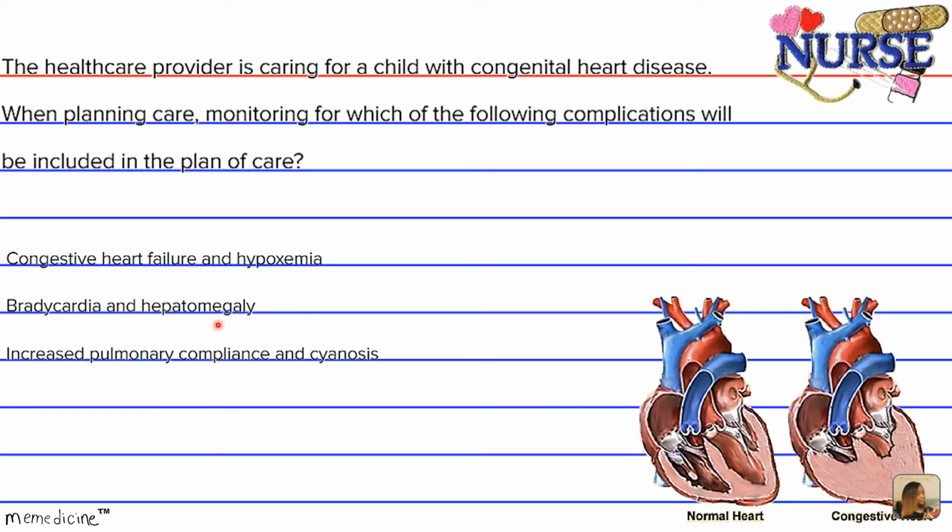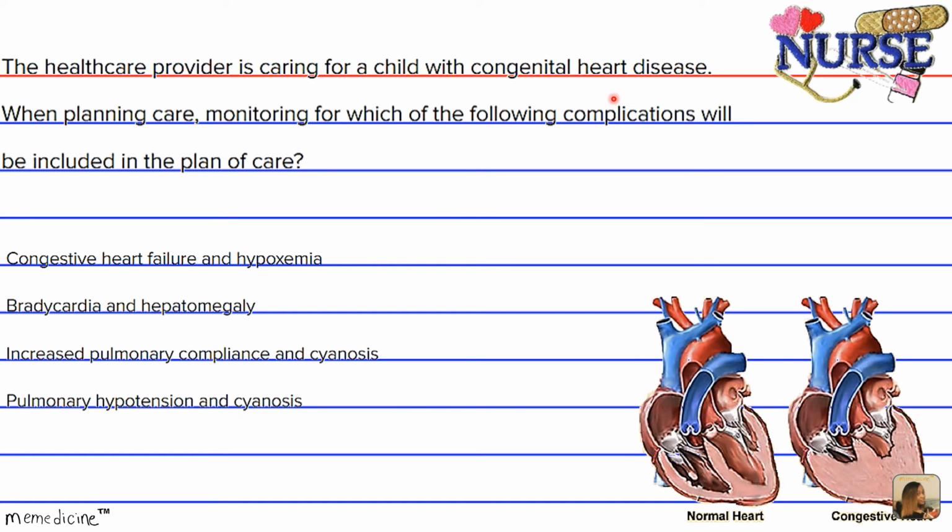Or is it C, increased pulmonary compliance and cyanosis, where pulmonary compliance denotes a measure of the lung's ability to stretch and expand, and cyanosis is a bluish discoloration of the skin, okay, it's blue, from poor circulation or inadequate oxygen of the blood, which would definitely result from a congenital heart disease.